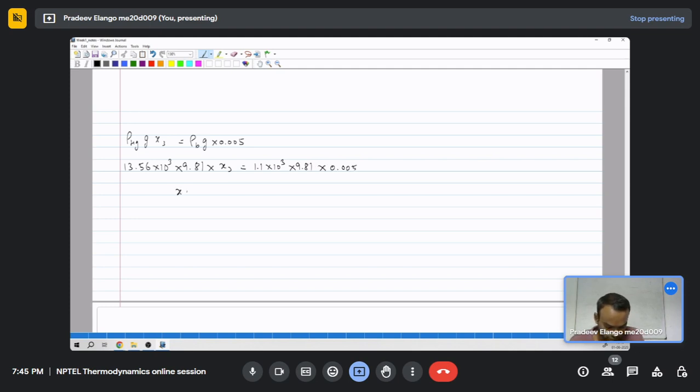So now we have x3, we can cancel off this 10 power 3 and 9.81, then we have 1.1 into 0.005 divided by 13.56.